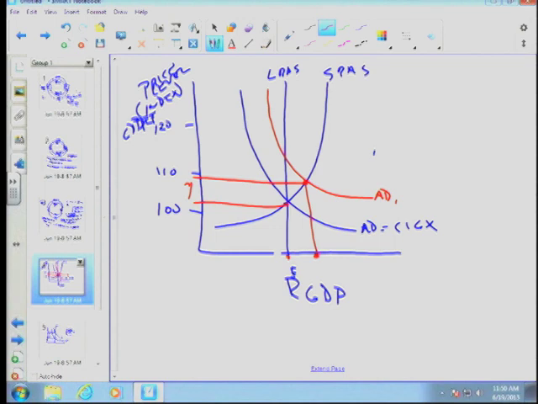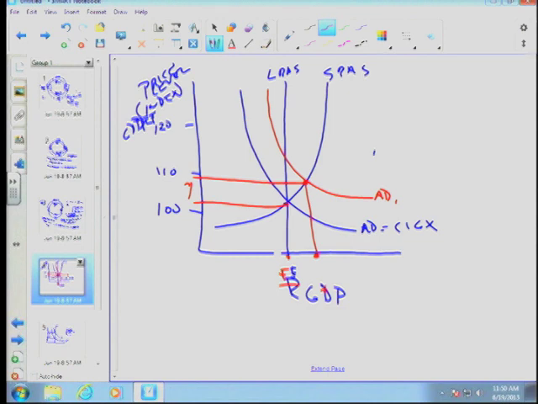But if we're already at full employment, the only way to produce more is to go into overtime production. So this now represents overtime production, a greater GDP because we're working more hours. We're running machines 16 hours a day instead of 8. All right so far?